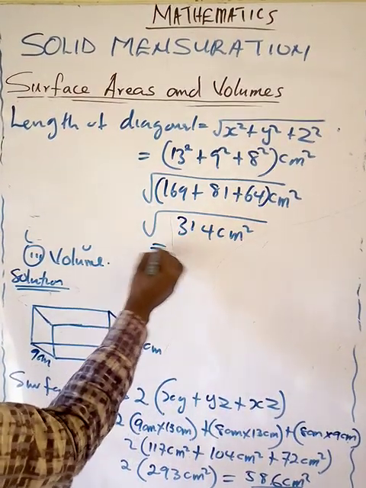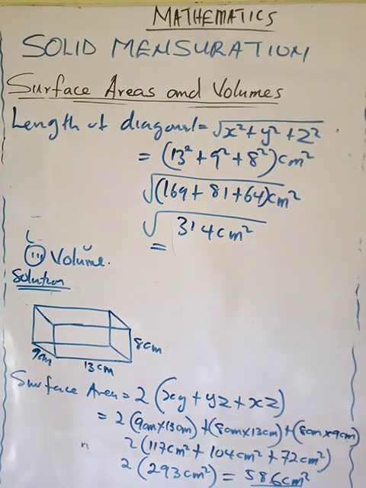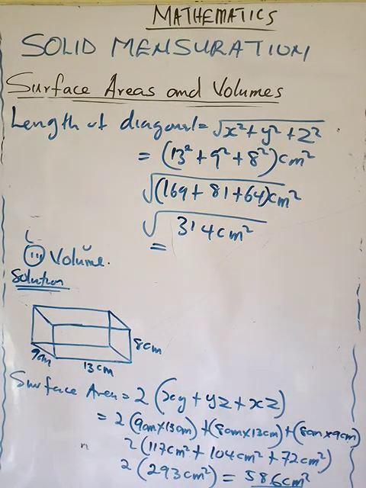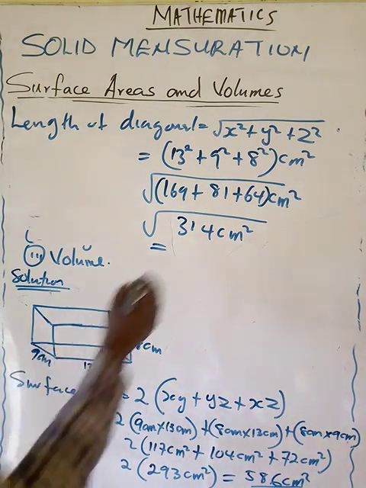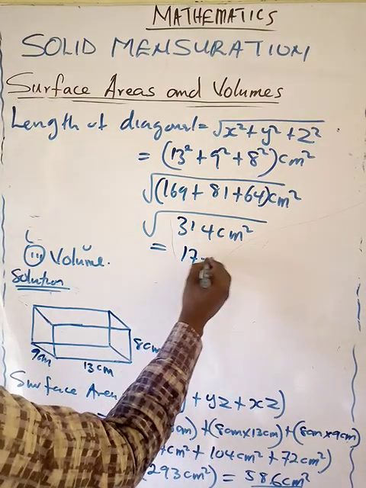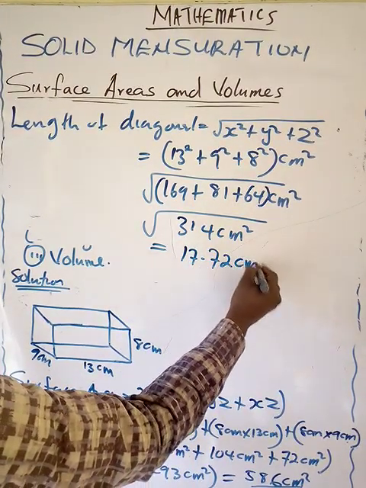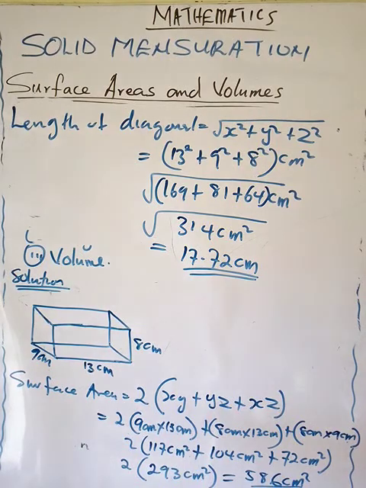The square root of this will give us 17.72 centimeter. That's about the length.